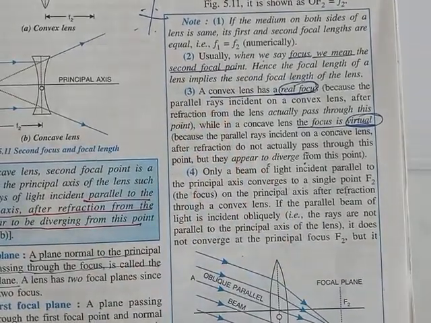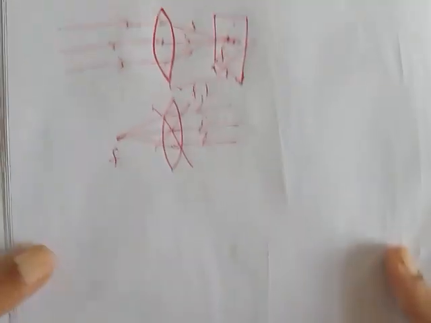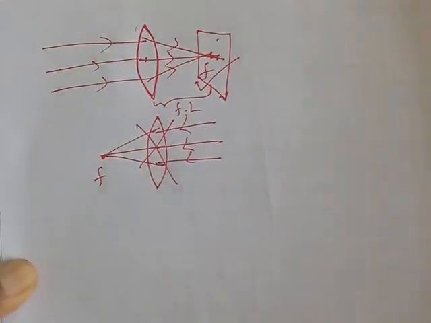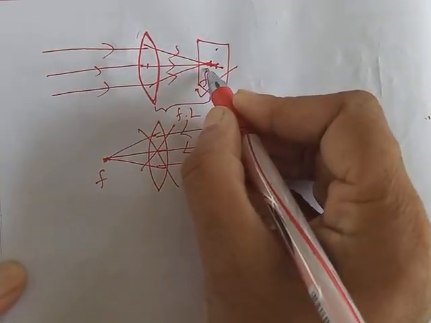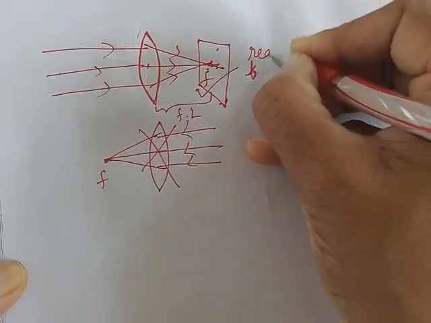Third one, based on this working, we saw that in case of a convex lens, the rays actually meet, right? This kind of focus is called real focus.